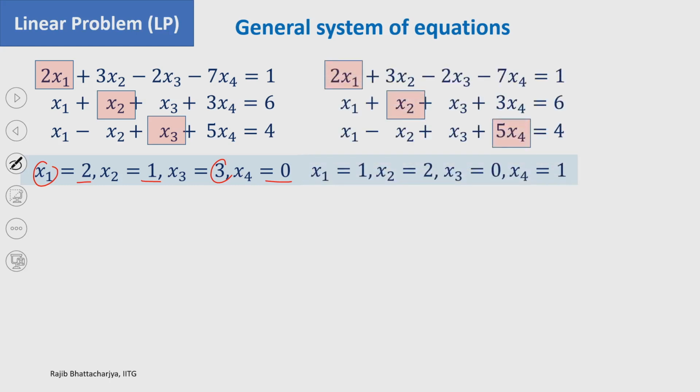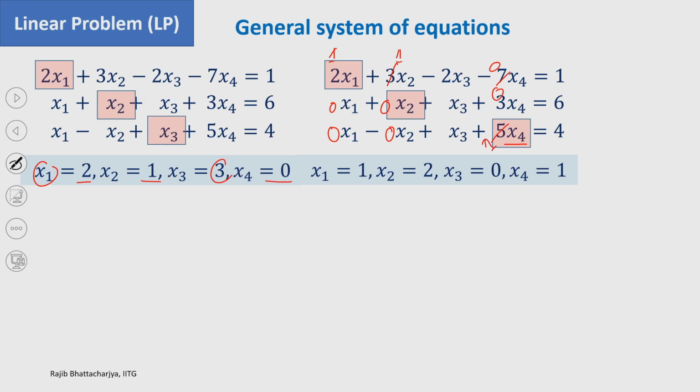Now, if I consider that x1, x2 and x4 are basic variables and x3 is a non-basic variable, I can do the row operation. Finally, I can make the coefficient of x1 equal to 1, and for the others 0. Similarly here it will be 1 and for the others 0, and here 0, 0, and the coefficient here is 1.